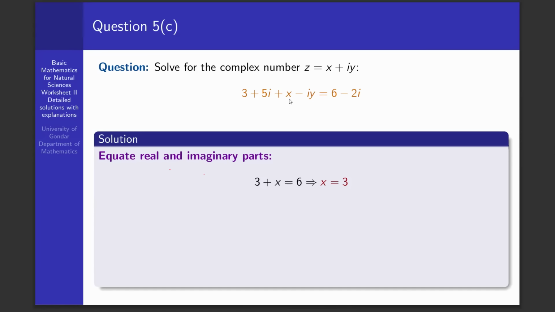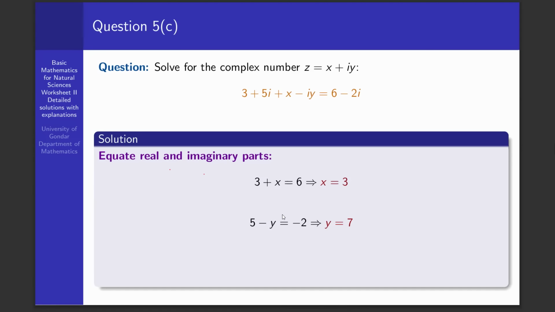We have the real parts here: 3, x and 6, so that the sum of 3 and x must be identical with the real part, that is simply x, so that 3 plus x must be equal to 6, which implies x is equal to, because it is linear, 3.